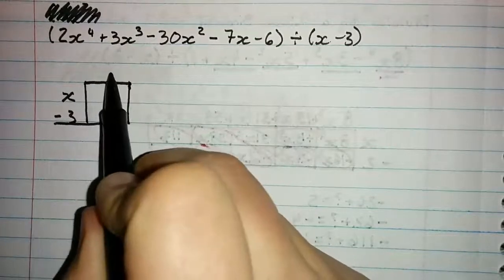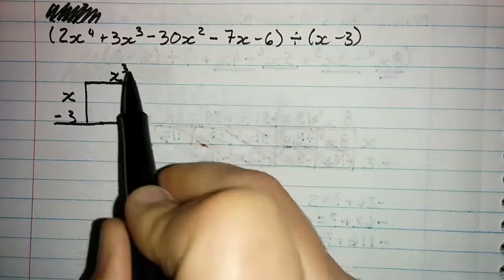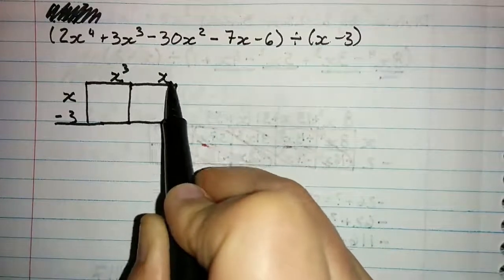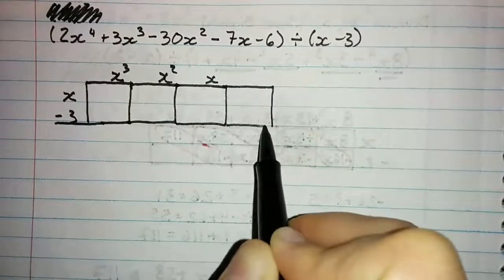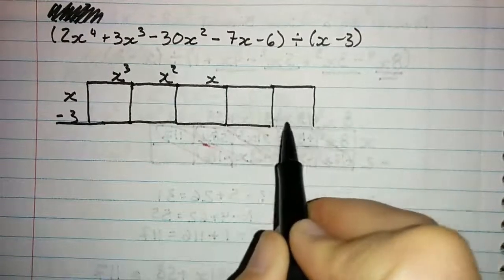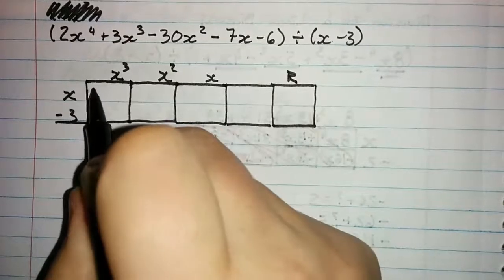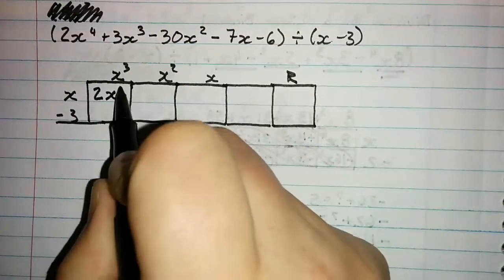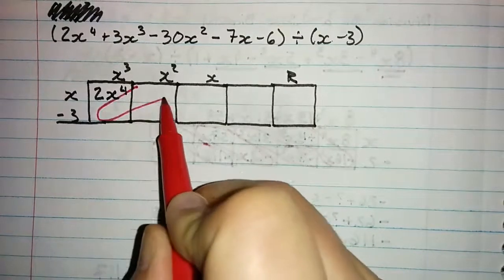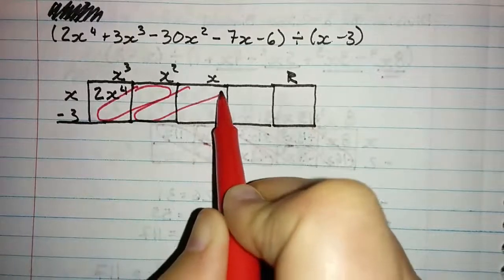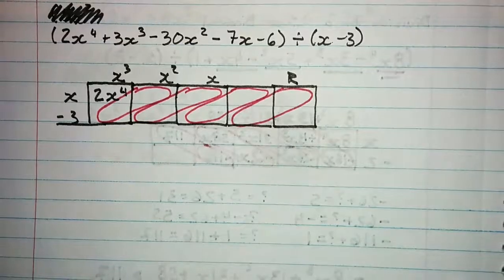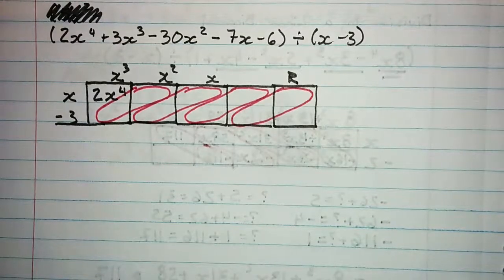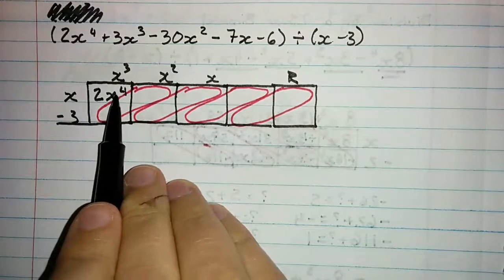It's going to have an x cubed term, an x squared term, an x term, a constant, and maybe a remainder. Here I'm going to have my 2x to the 4th, and then some x cubeds, some x squareds, some x's, and some constants.